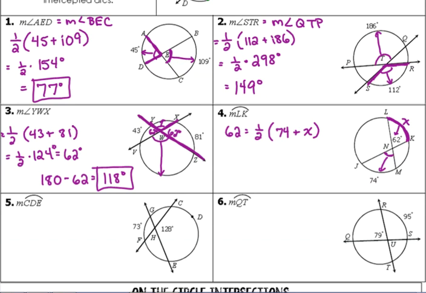We know one of the arcs, we don't know the other arc. So let's solve this for X. Multiply both sides by 2. So 124 is equal to 74 plus X. And then we subtract the 74. So 50 degrees is the measure of arc LK.